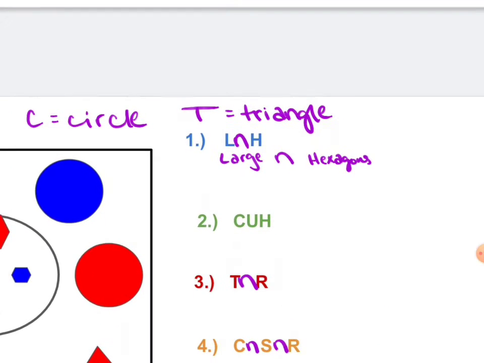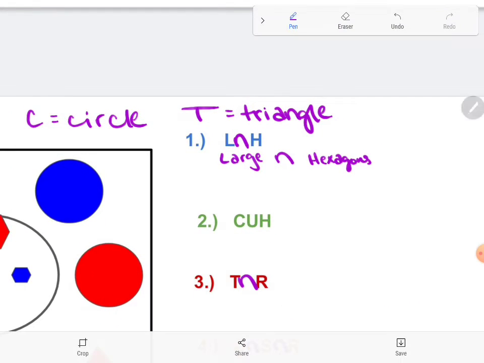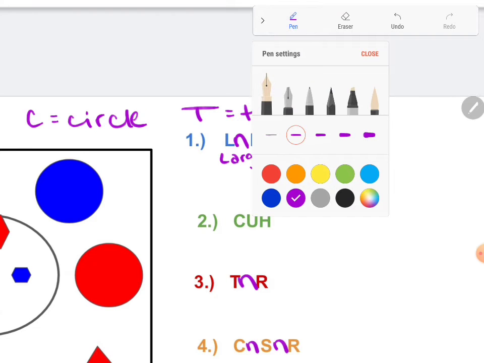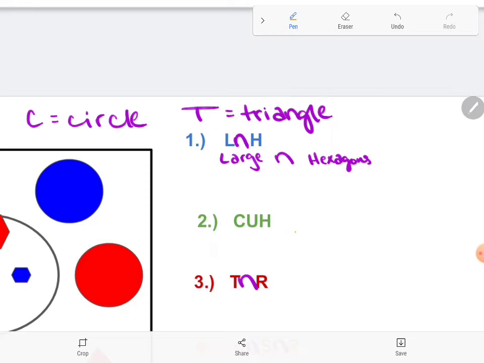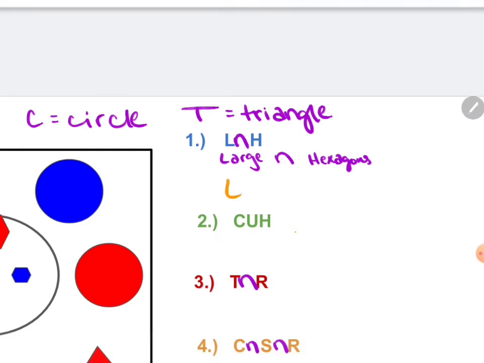Now, the fun thing about writing the solution for this is it's very simple. We don't have to put a U, we don't have to put an N or anything like that. We just make a quick, simple phrase. So if we have large shapes and hexagons, it's safe to assume that we're going to have large hexagons.